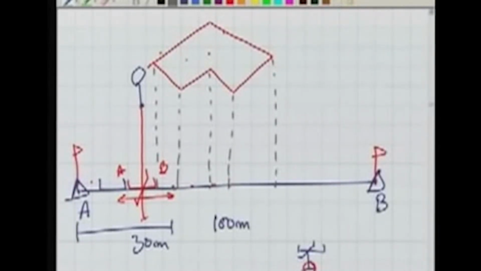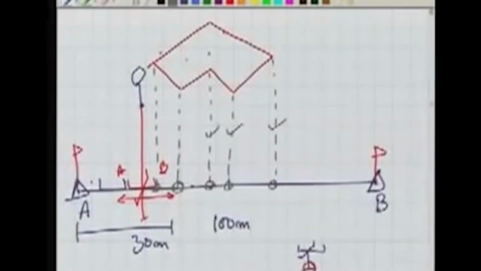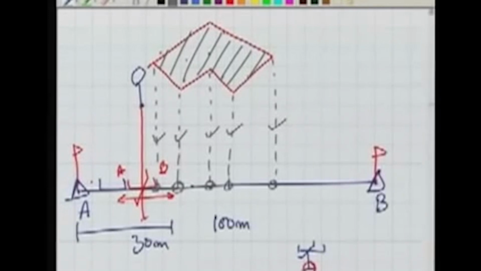You will move along the line AB, keep finding these points 1, 2, 3, 4, 5. Once you have located the foot of the perpendicular from these points, you will measure these offsets. By measuring these offsets, this entire building can be plotted.